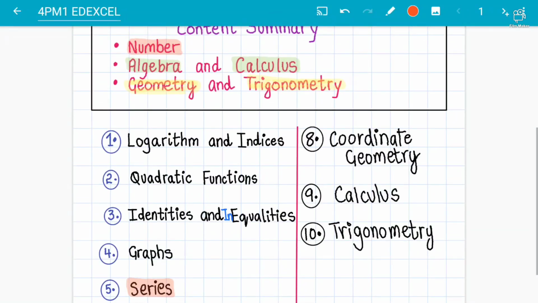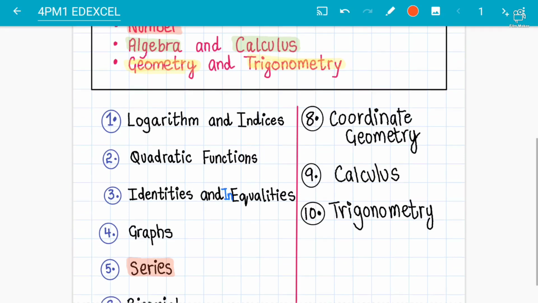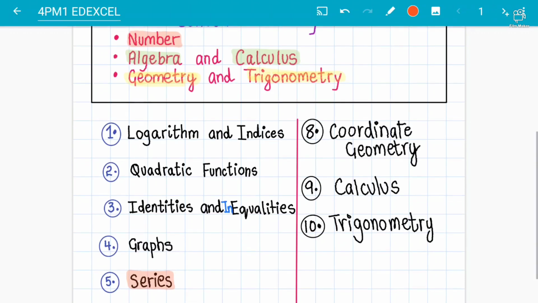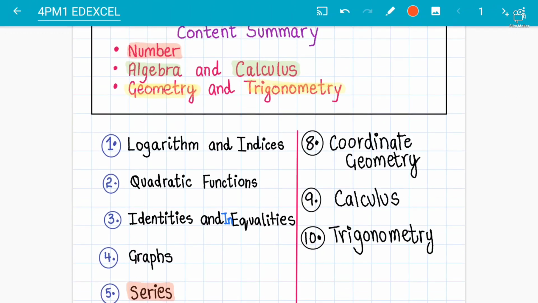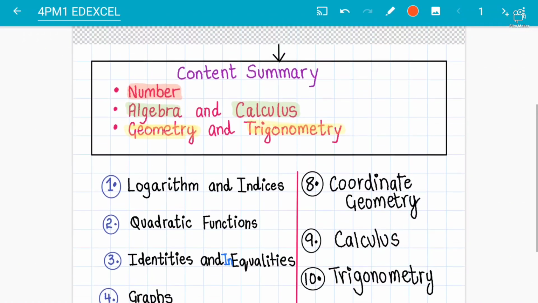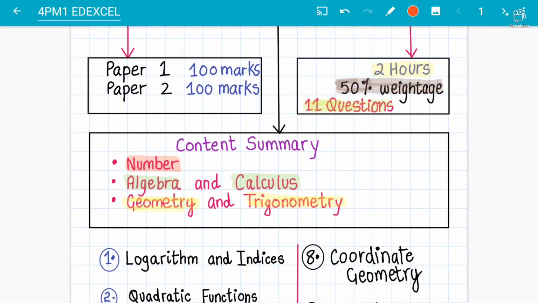Trigonometry is about getting angles and measurements. Calculus covers rates of change, practical example questions, and maximum and minimum points. Coordinate geometry covers perpendicular bisectors, midpoints, and gradient of the line.